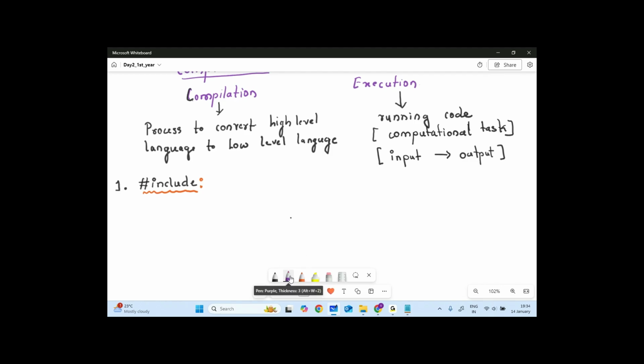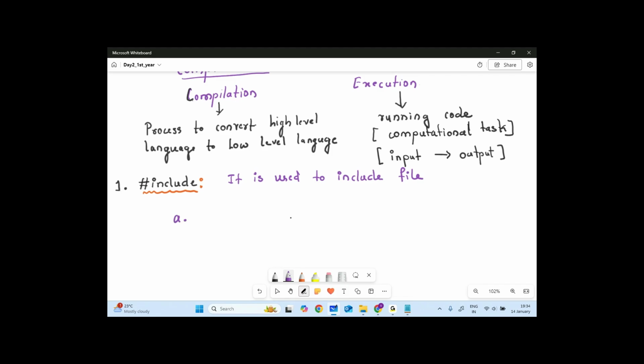Basically it is used to include files, or a file. There are two syntaxes.